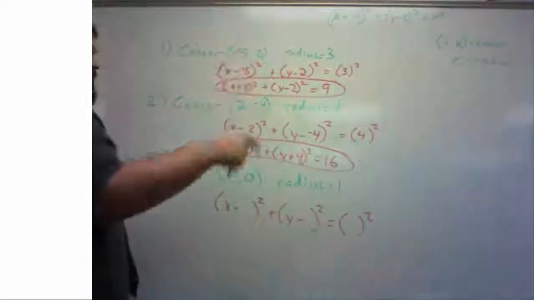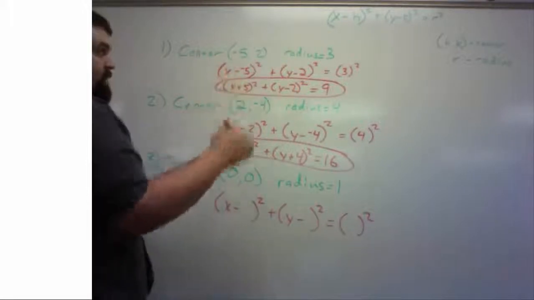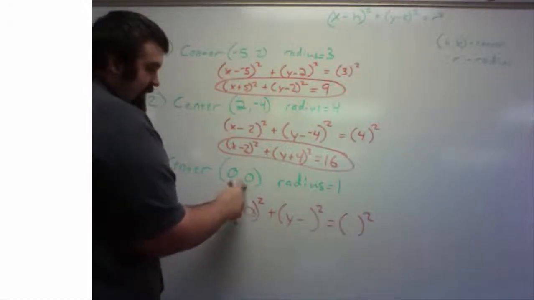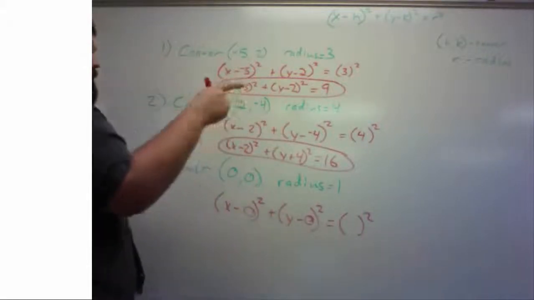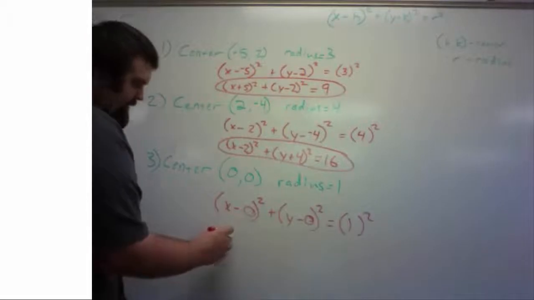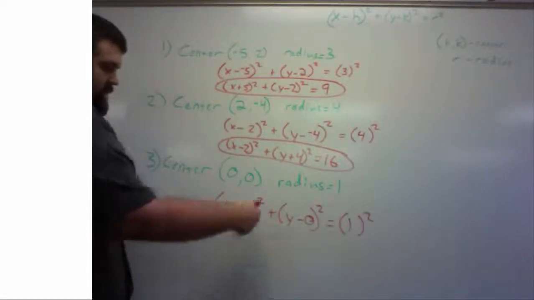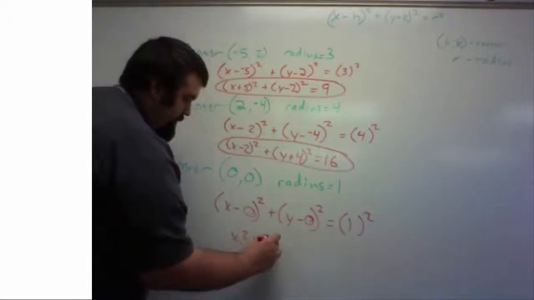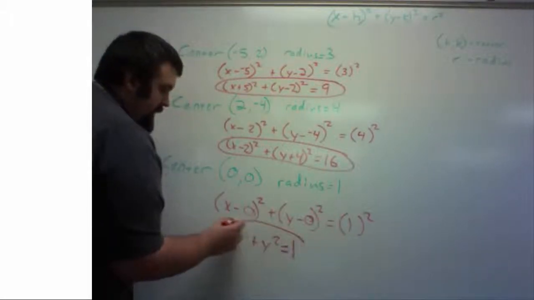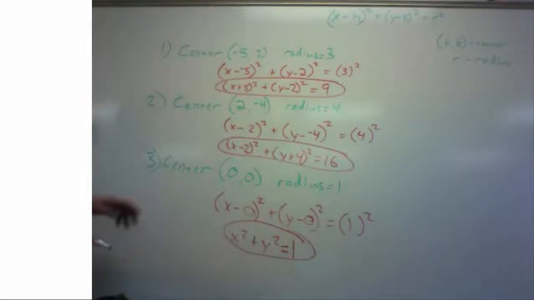Alright, so h, the first letter, is 0, so I put 0 in for h. K is the second letter, so 0 in for k. And let's put 1 in for r. So I look, x minus 0, that's just x squared. Y minus 0, that's just y squared. And 1 squared is just 1. So this is an equation of a circle.